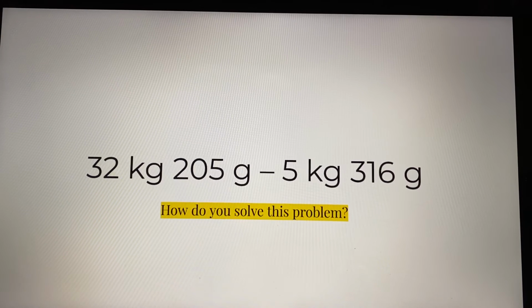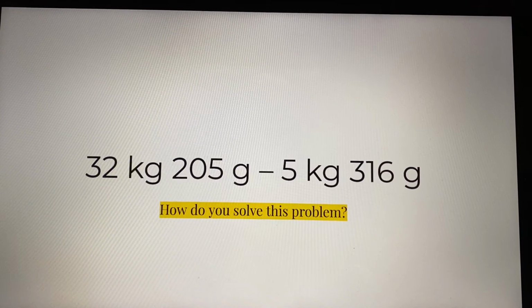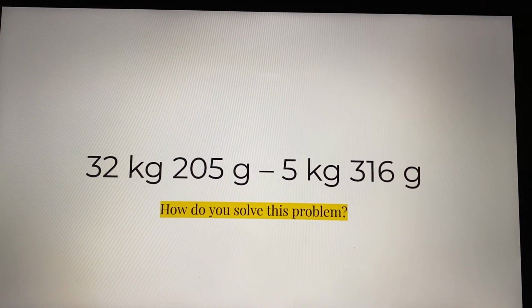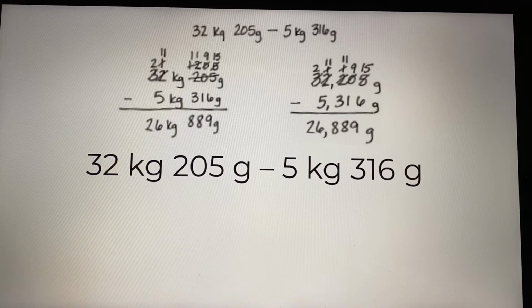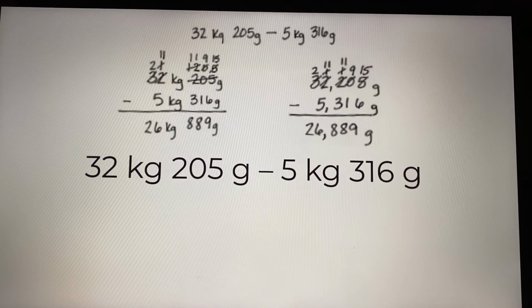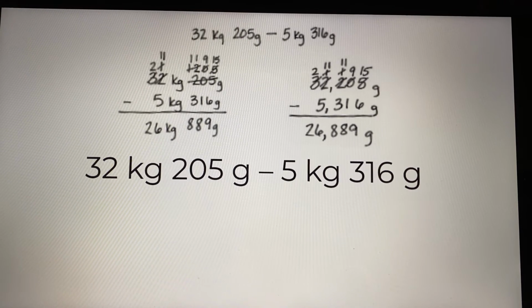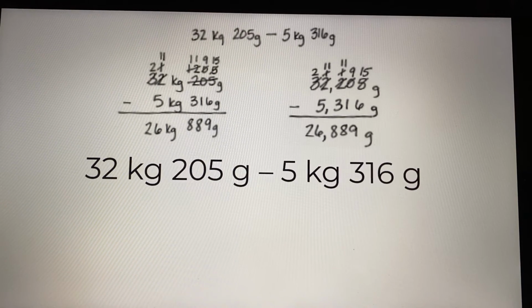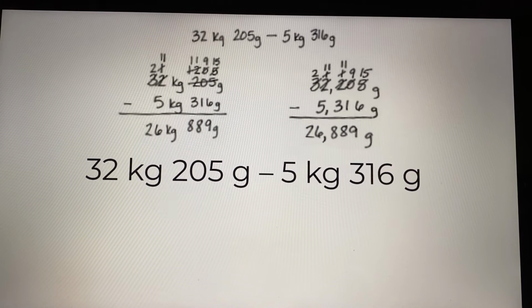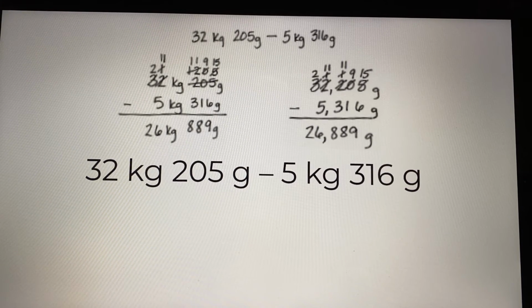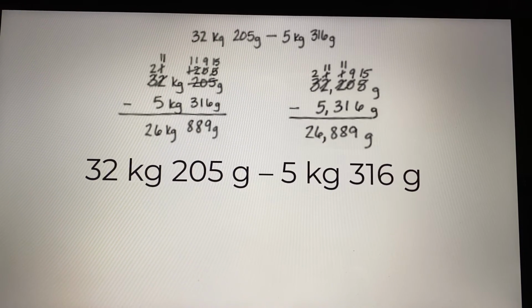How are you going to solve this problem? So here are two different ways. You can subtract the grams first. Notice that you can't take away 316 grams from 205, so you have to decompose.